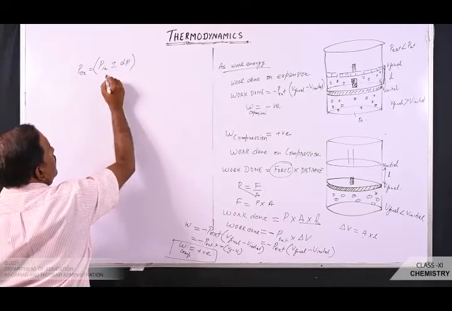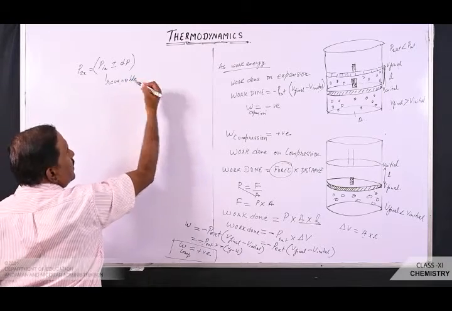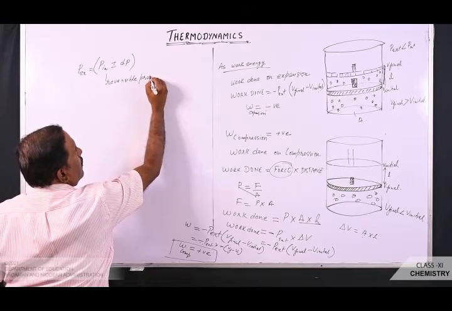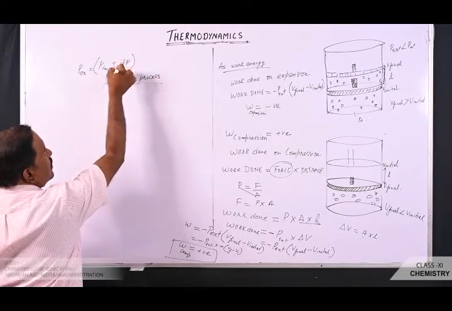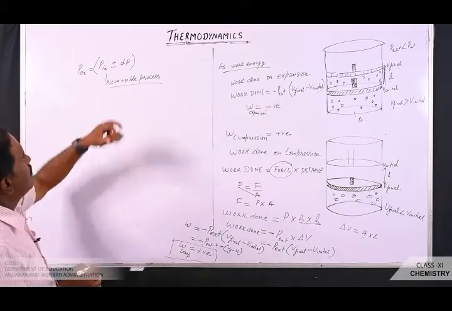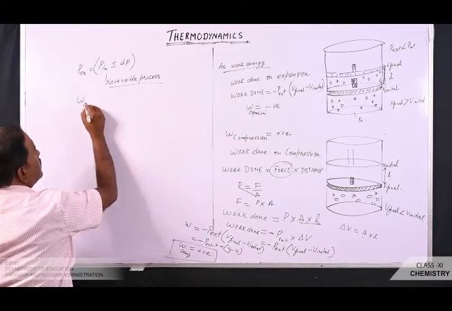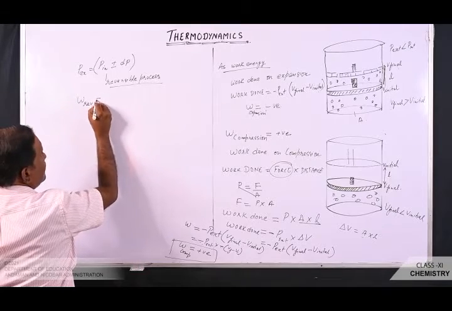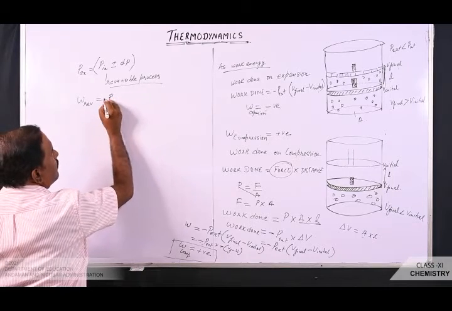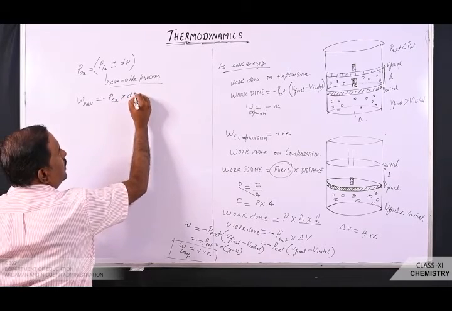So, this is for a reversible process, in which both compression and expansion take place. So, work reversible can be written as minus P external into dV.